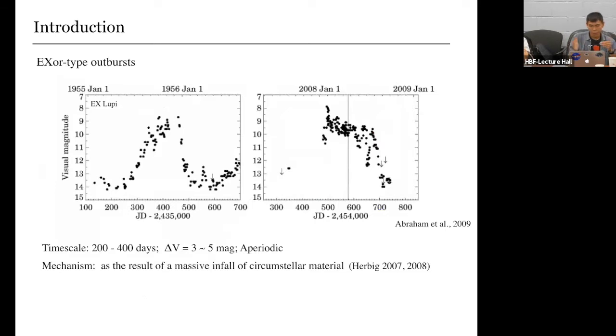They are a little bit less violent than the FU Orionis type, so their variation time scale is only about a year. It just rises about 3 to 5 magnitudes and then decays within a year. Those objects are confirmed to have variabilities that come from the mass accretion process.